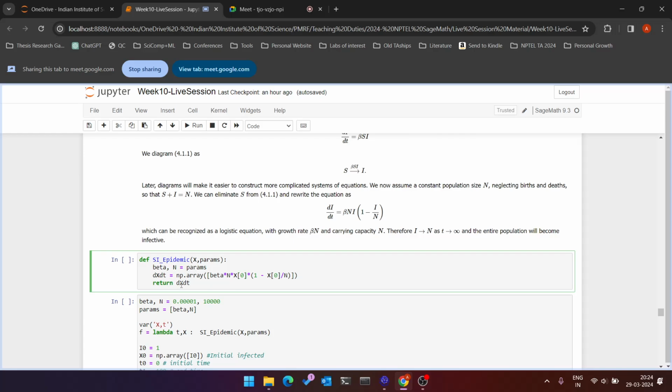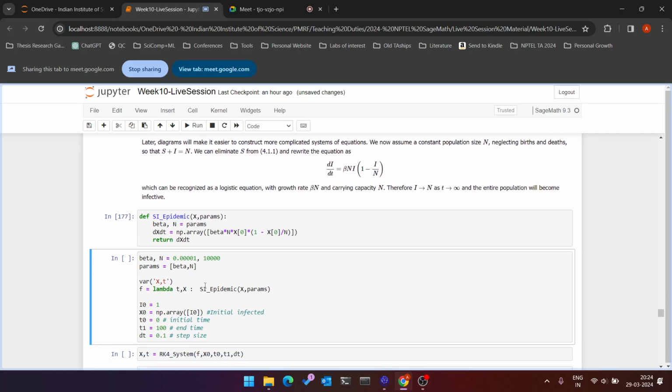This gives me the derivative of the state of my system. I define beta as a very small value and my n to be 10,000. These are basically my params to be fed into the SI epidemic function.